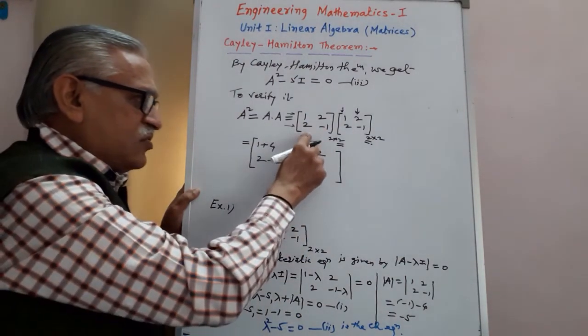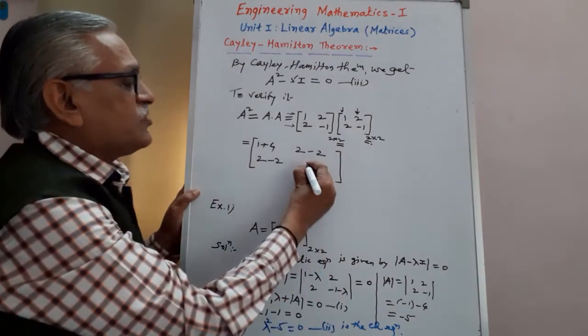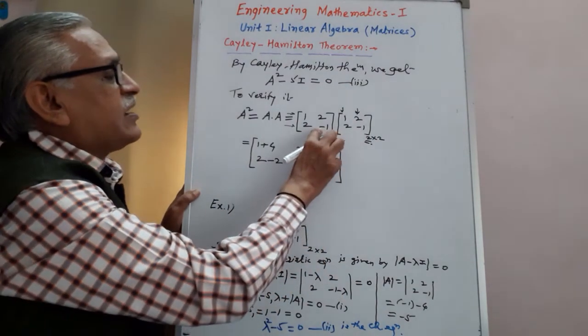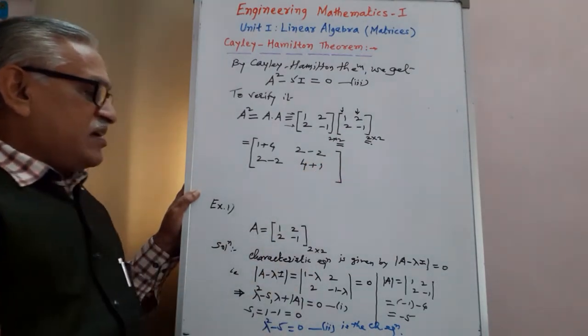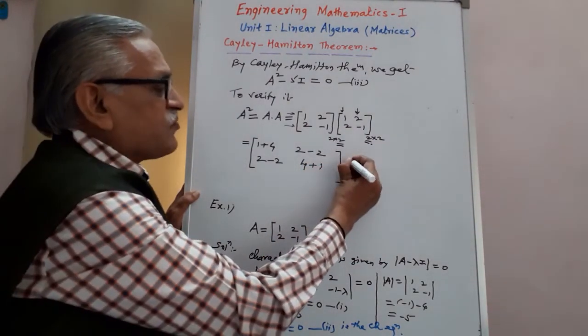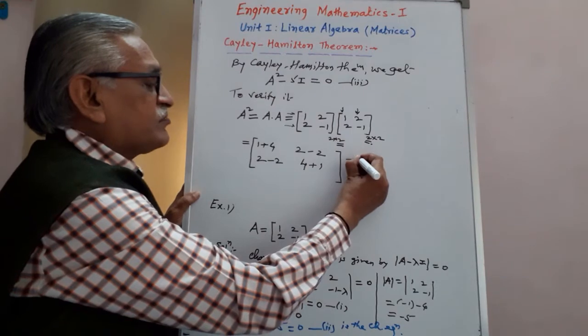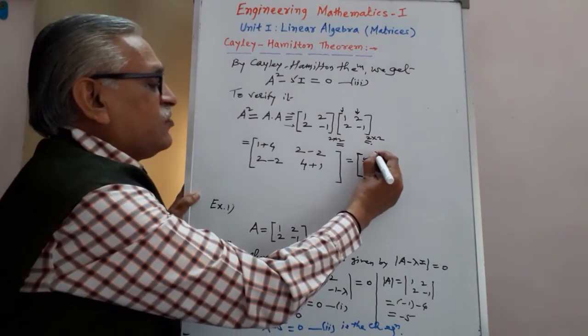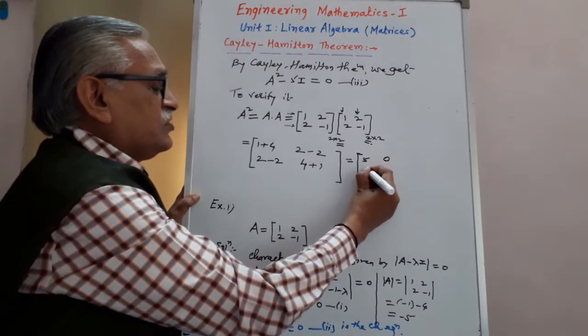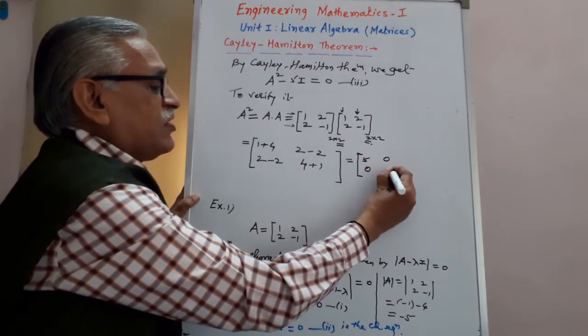Then the second row to the second column, 2 into 2 is 4, and minus 1 into minus 1, we get plus 1. And therefore, the matrix A square is [5, 0; 0, 5].